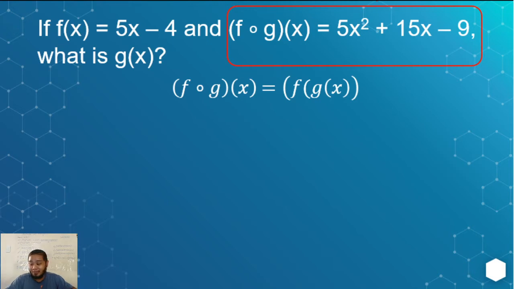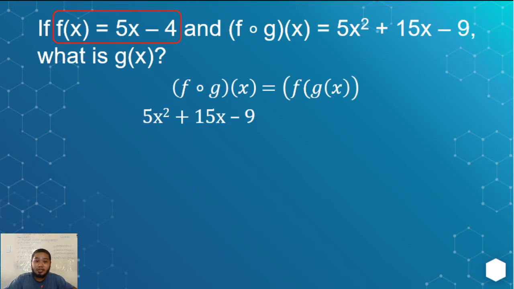So we can write that one here on the left side of the equation, while on the right side of the equation, we have f of g of x. This means that for all x's in f of x, it will be substituted by g of x. Okay?